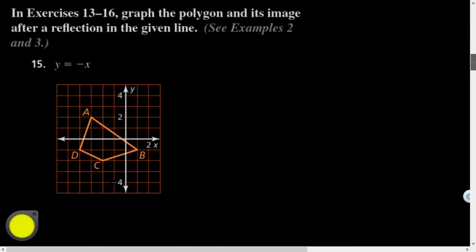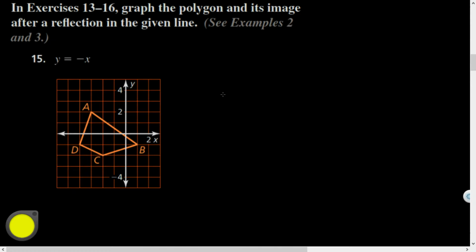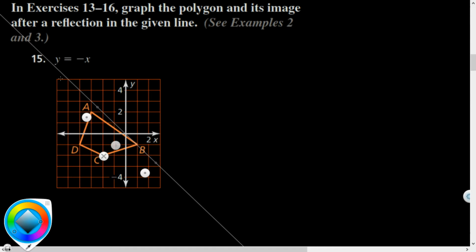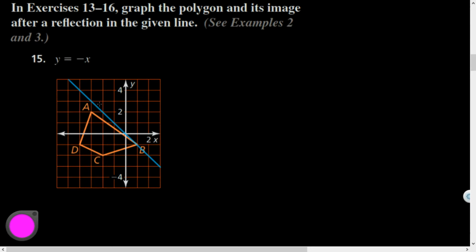All right, graph the polygon and its image over the line y equals negative x. It's my favorite line for reflecting time. Ooh, wrong color. Got to click on my inkwell there. For my reflection, we reflect perpendicular to the line of reflection and equidistant on the opposite side. Point A is half a diagonal away, so half a diagonal away over here is going to be A prime.